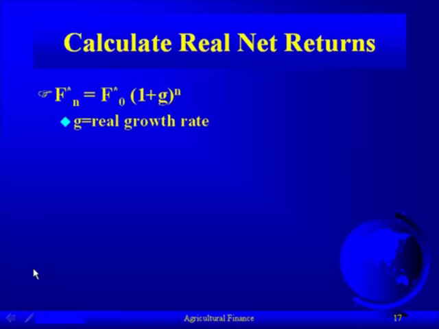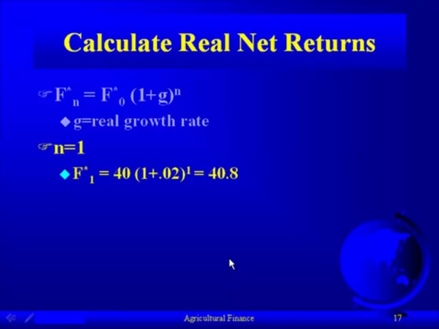In this particular case, we're going to use a similar type of equation that we've used before, but the symbol and the purpose changes. In this case, we're going to let this lowercase g represent the real growth rate. We're going to let this F star represent the real value at time 0, and the Fn represent the real value in the nth period.